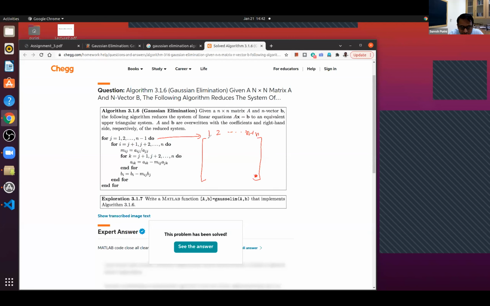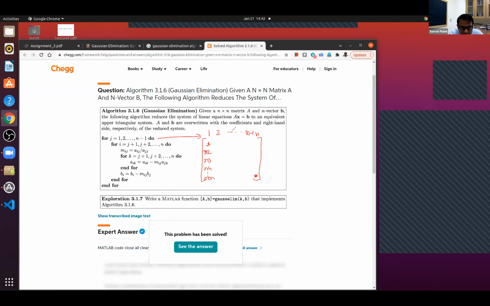And then when we are in this column, we have to consider, when we are in column 1, row 2, row 3, row 4 till row n. Yes or no? When we are in column 1, we have to consider row 2, row 3, row 4, row 5 till row n.